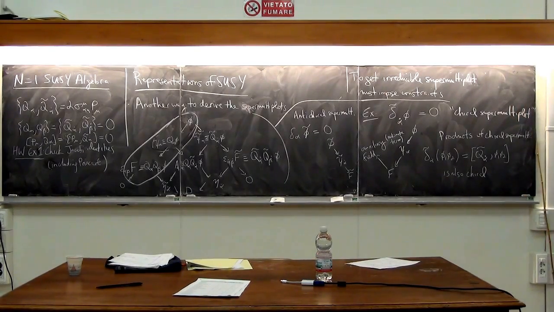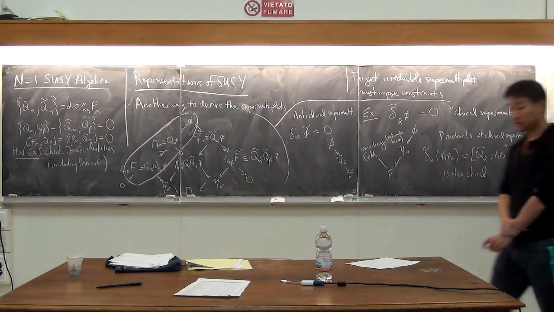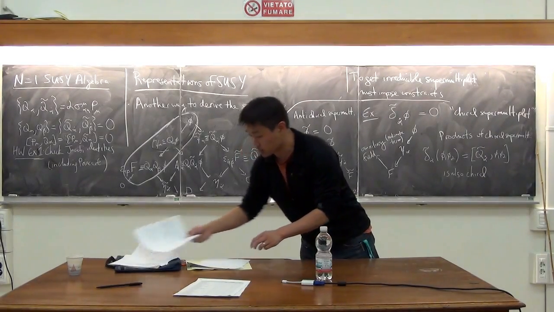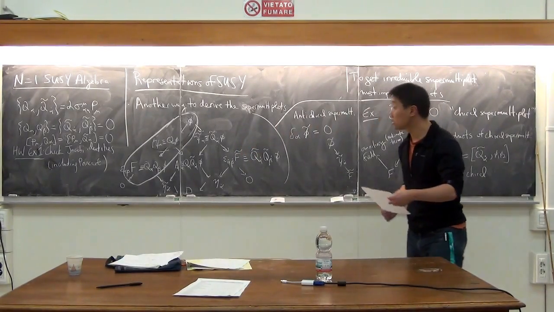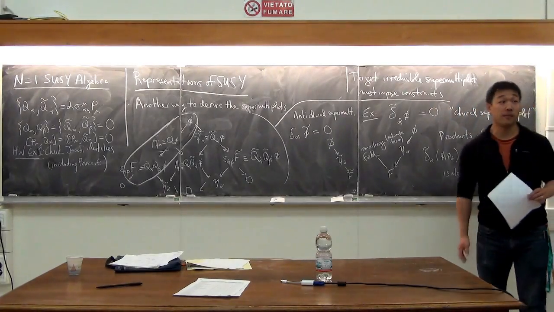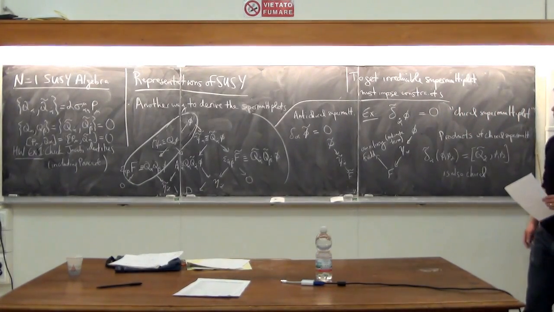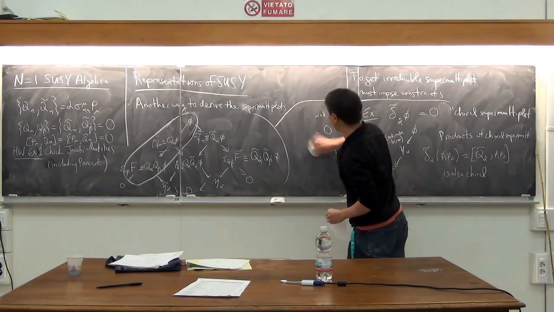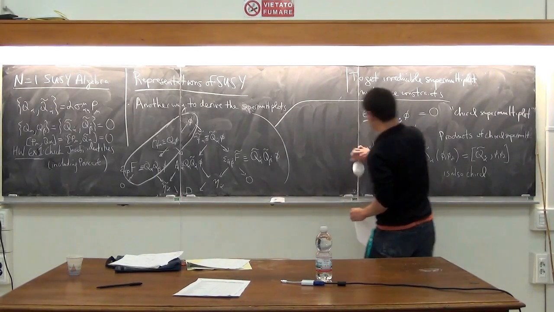Does anyone have any questions? Okay, it's all pretty dry stuff, but we're going somewhere with it. All right, so that's one type of constraint connected to the matter fields.